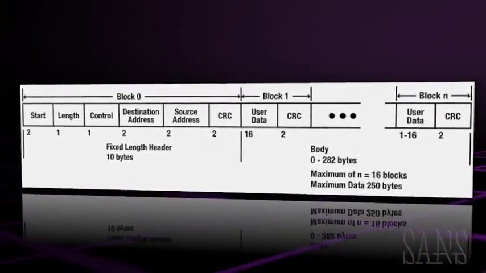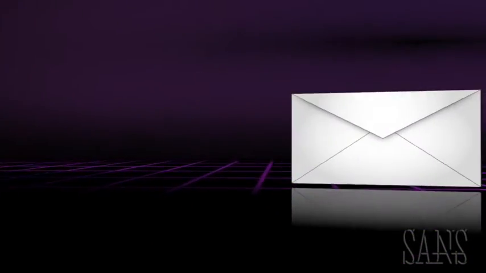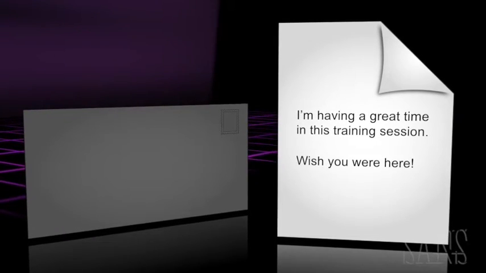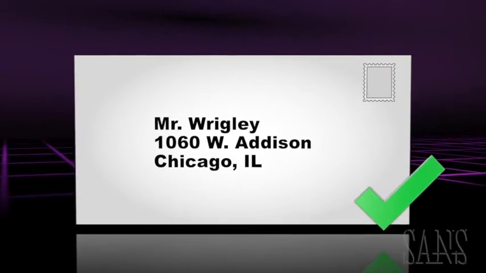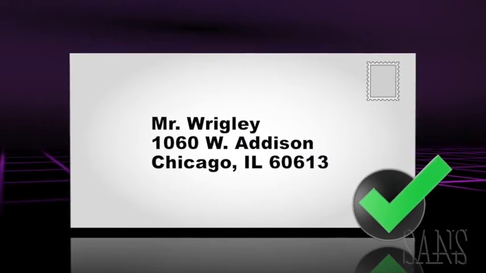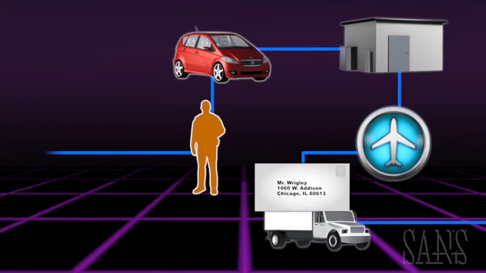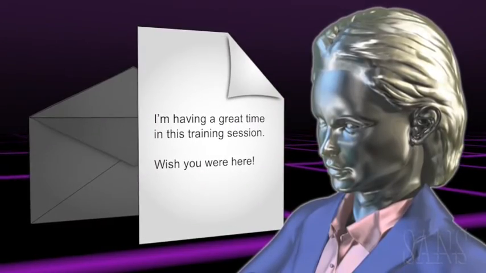Think of this packaging and delivery process like sending a letter to someone. First, you need to write the message in a language that can be read by the recipient. Next, you need to provide the appropriate address on the envelope to ensure it will reach its destination. The message will then traverse a system of trusted delivery methods until it will finally be read and processed when received.